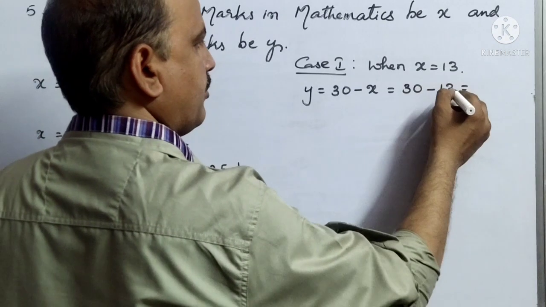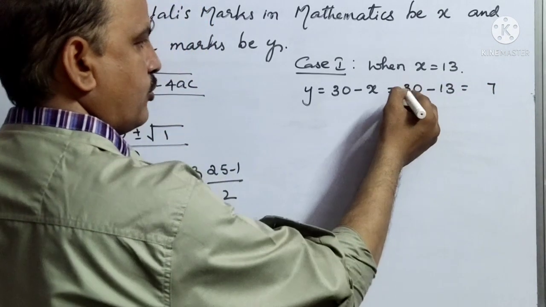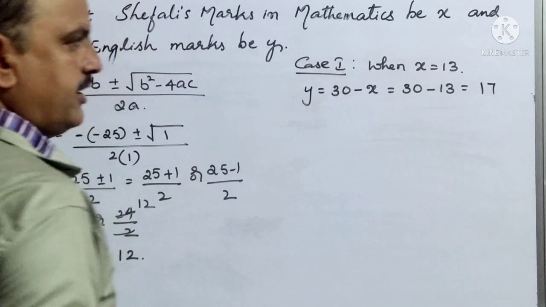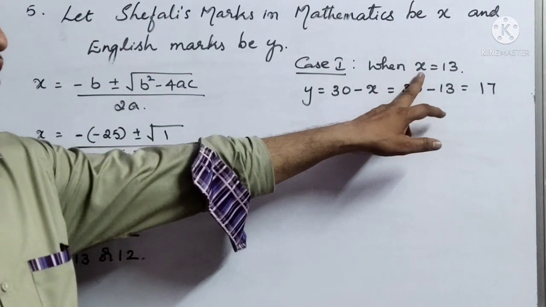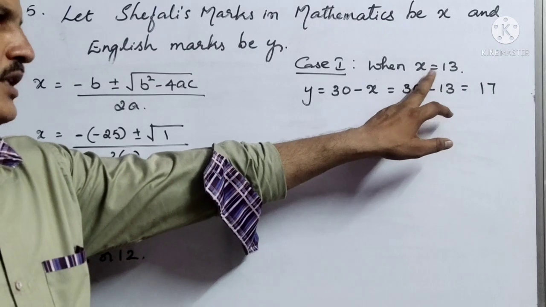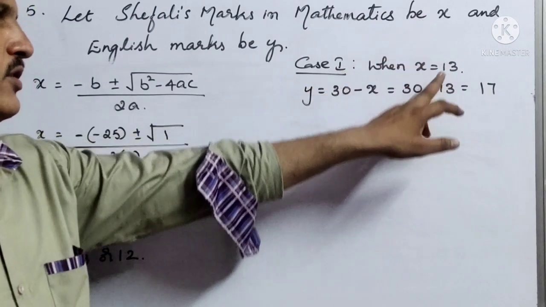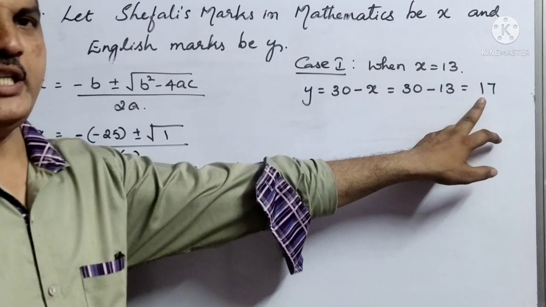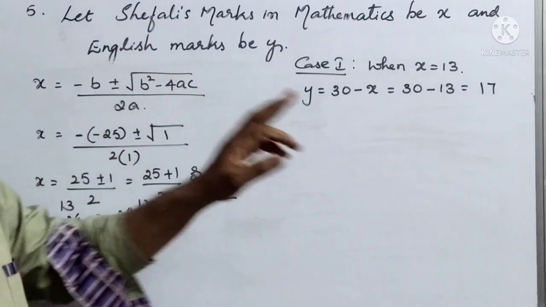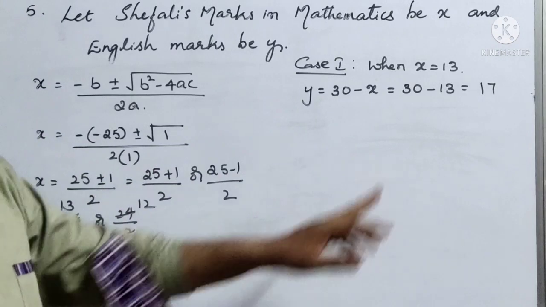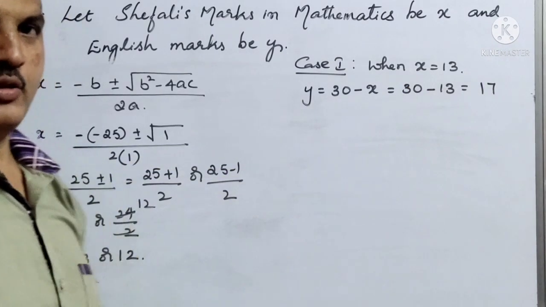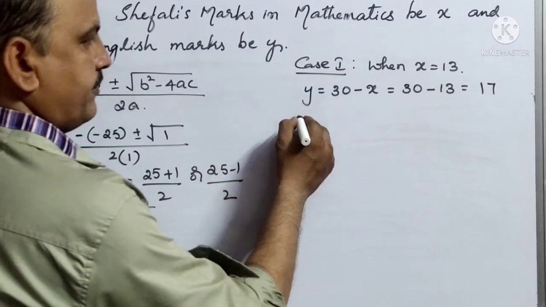That is 10 minus 3 is 7, and 2 minus 1 is 1, so 17. That means when she scored 13 marks in mathematics, she scored 17 marks in English. If you clearly observe, 13 plus 17 is 30. That is case 1.